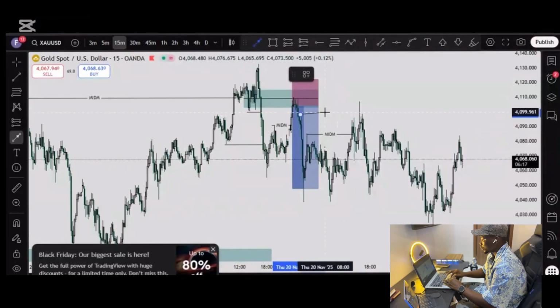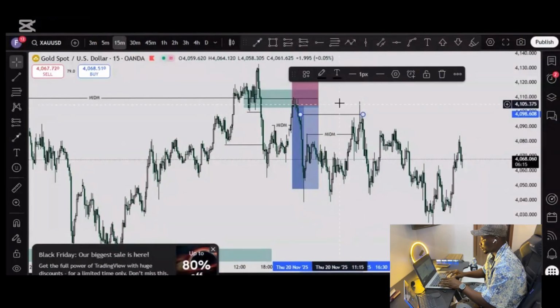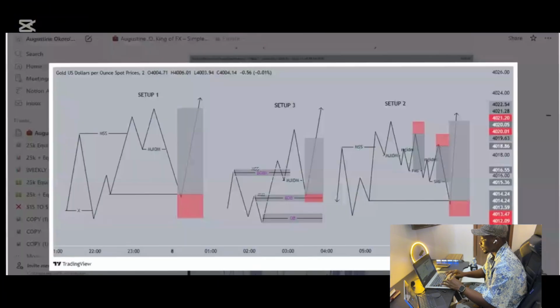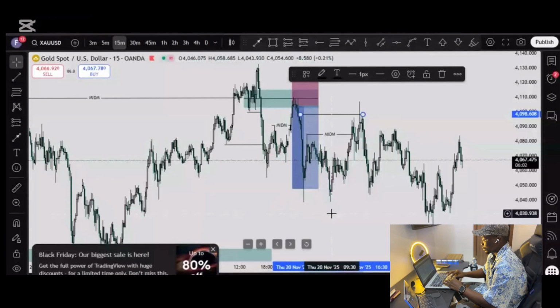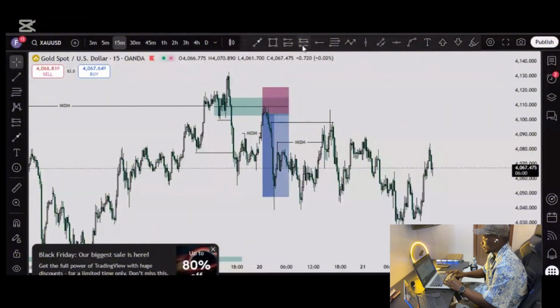And then this low right here will be my entry, because that was a minor inducement, which was this setup. The break of structure, a major inducement taken out, and then minor inducement will be my entry. That was my entry in this trade.